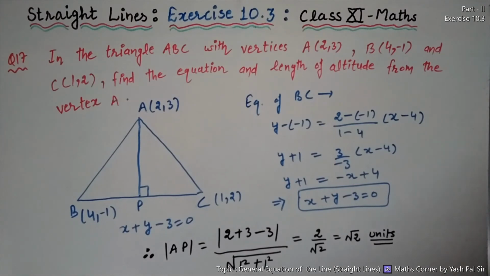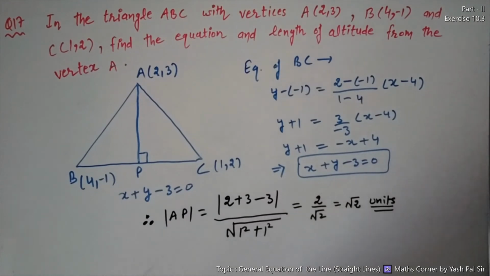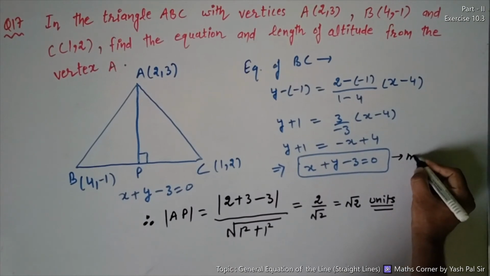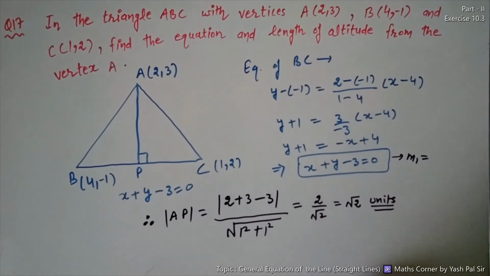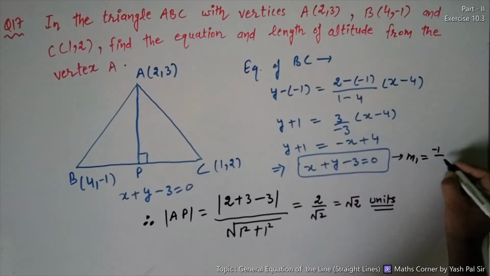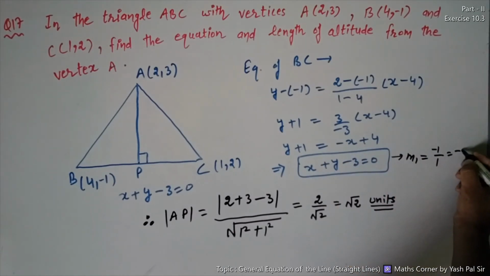Now one more thing, what is the equation of the altitude? For this purpose, its slope m1 is minus coefficient of x, which is 1, upon coefficient of y, which is 1, that is equal to minus 1.